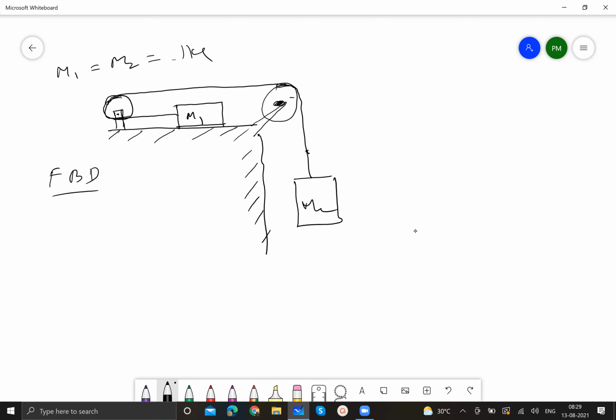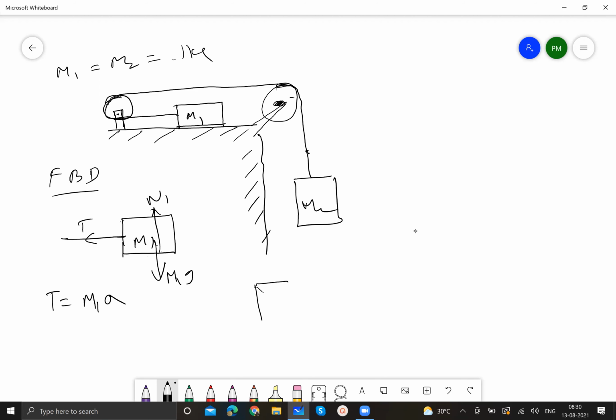First for the block M1, the free body diagram is: this is the tension, M1g, N1. So we will get directly from this, because no friction is there, T is equal to M1a.